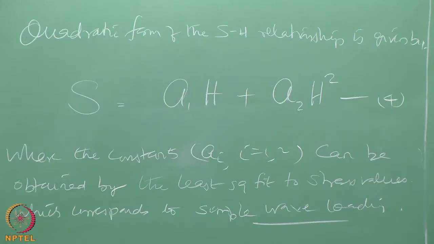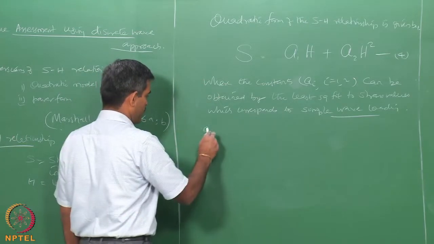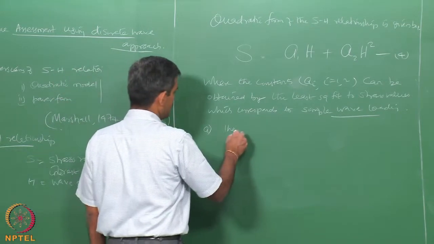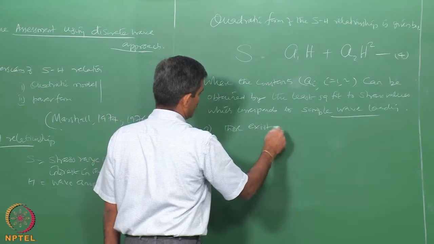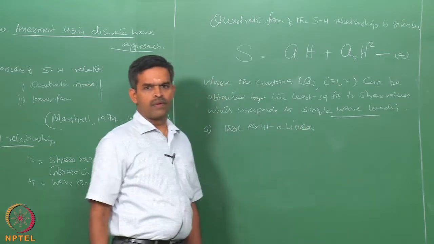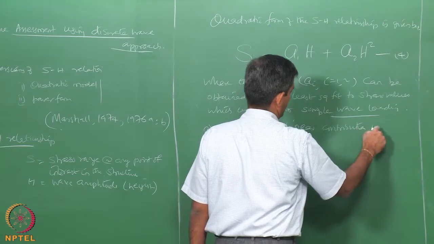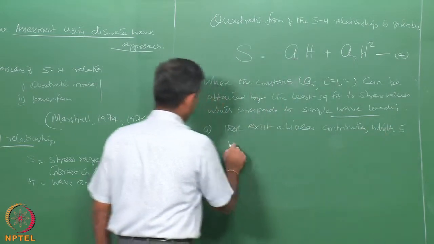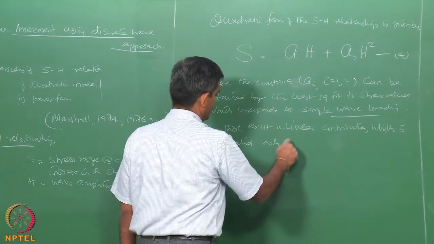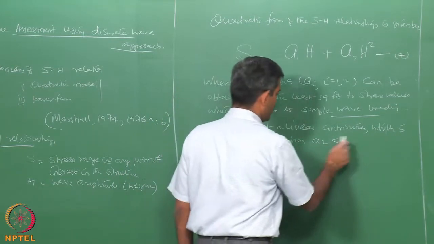Now, there are a few facts which are very important to note in the quadratic form. One, please note that there exists a linear contribution which is valid only when A2 is much less than A1.